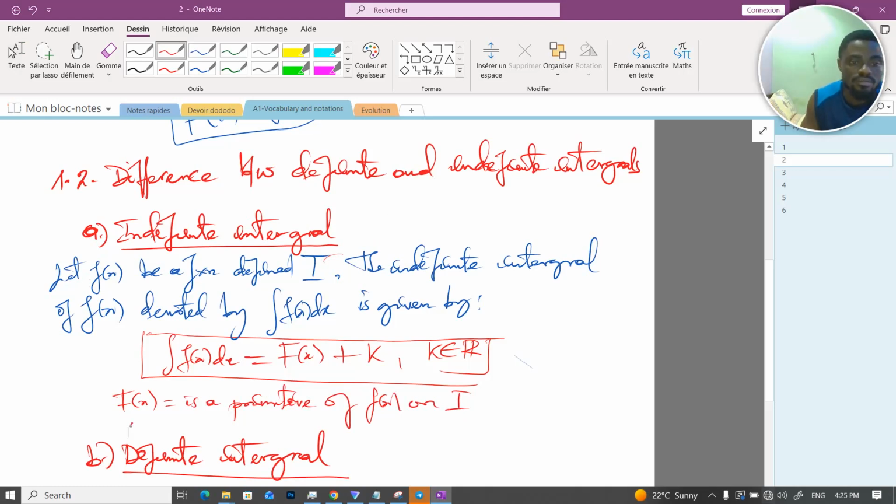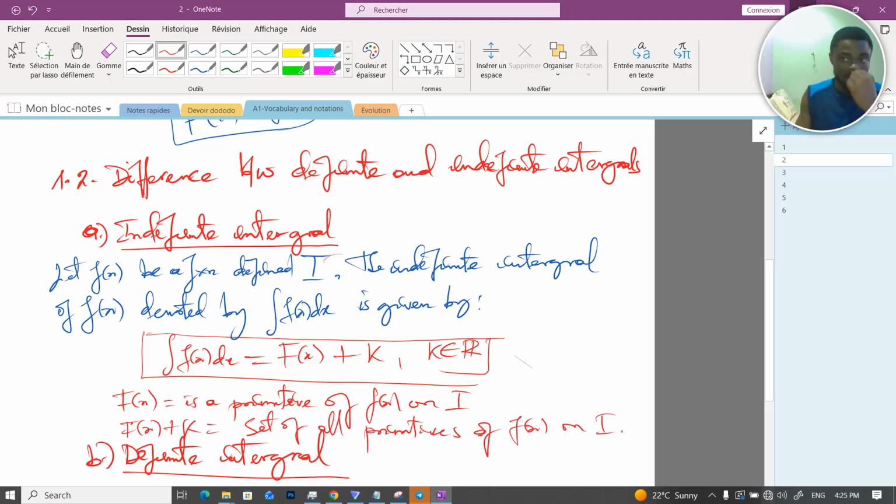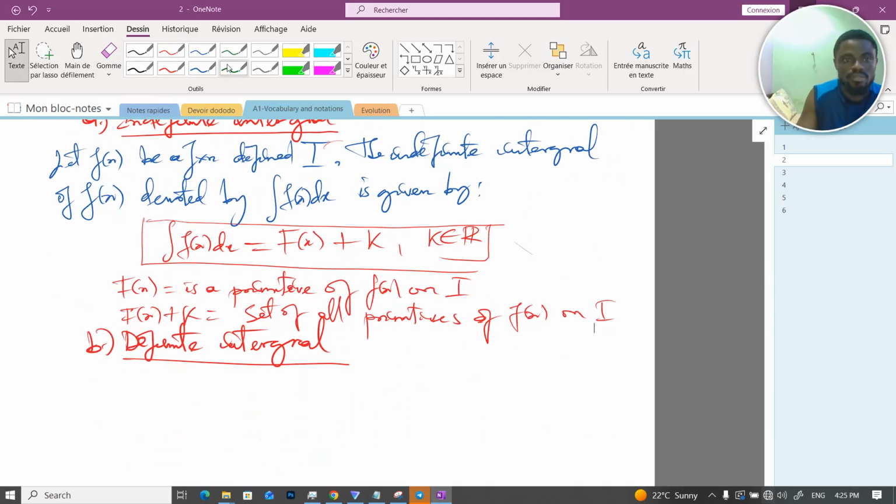And we said k is a real number, and F of x plus k is the set of all primitives of f of x on I. You understand? So let me try to explain things clearly by taking a small example.